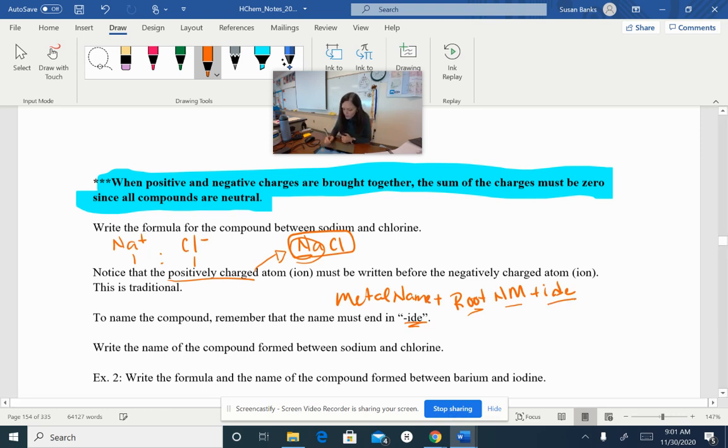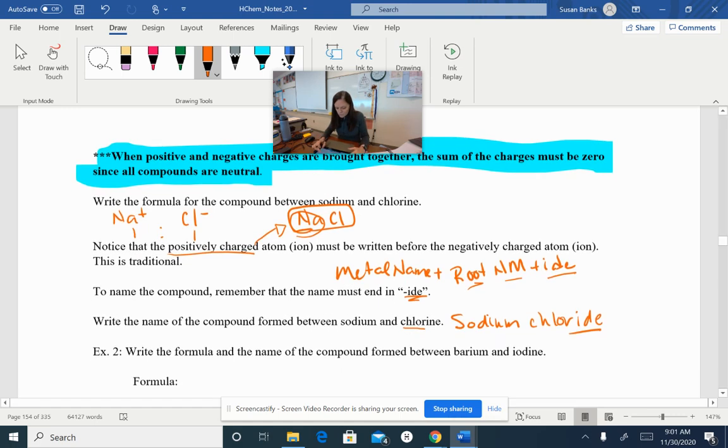So when I do that, our metal name is sodium. So I would call this sodium. And the root of chlorine is chlor. So I would say chloride. So I'm going to add that suffix on. Okay? So we always have the full metal name. We take the root of the nonmetal and we add on "ide."